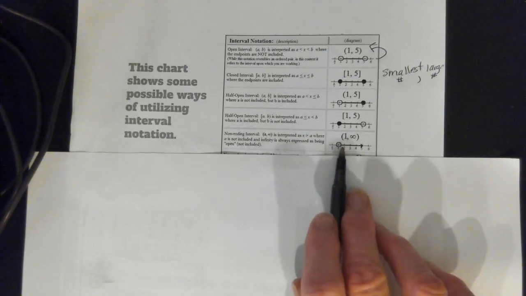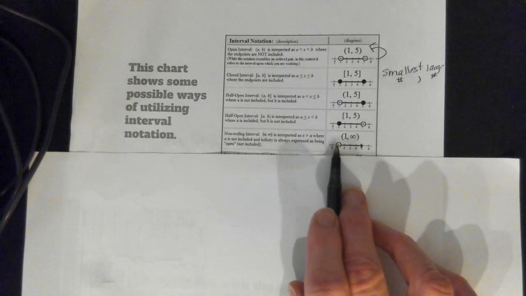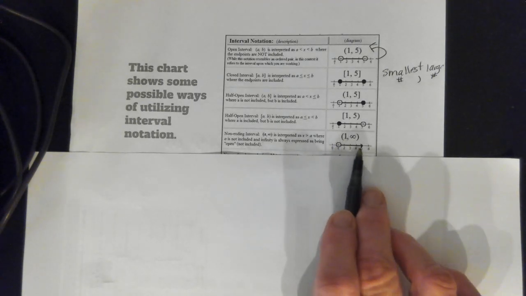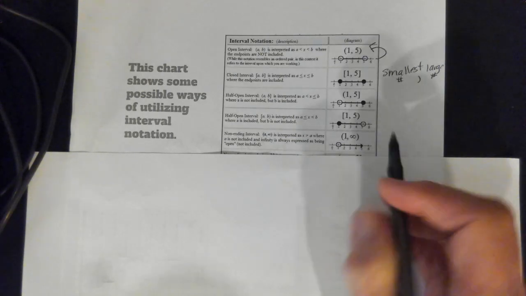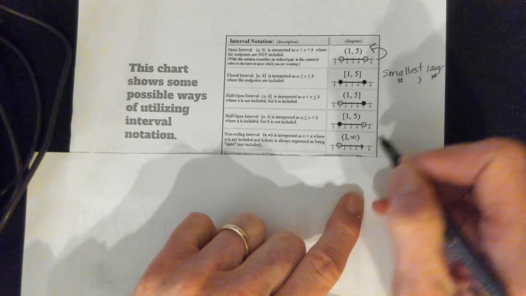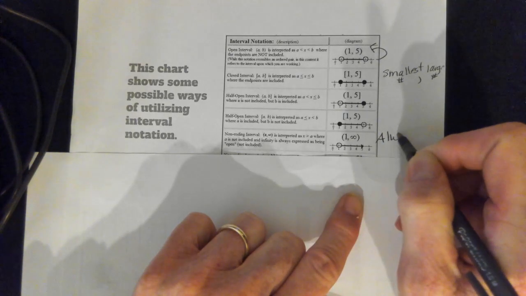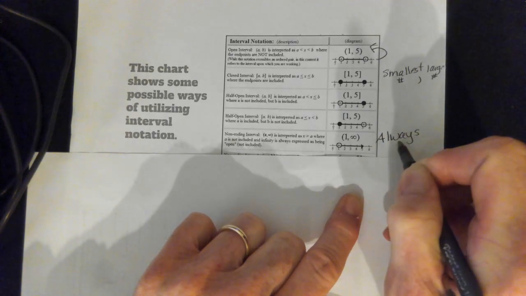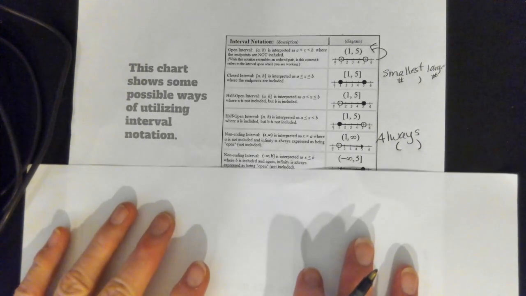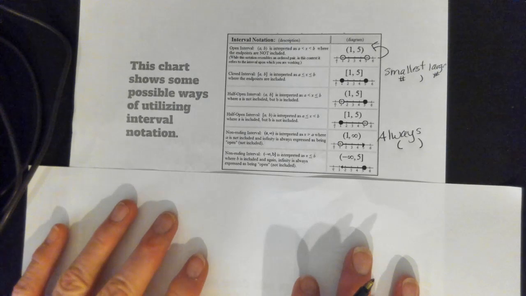Now here we introduce arrows. When you have an arrow, again, you start with the smallest number, which is 1, and it has a parentheses because it's open. And it's going to the right. When it goes to the right, it's infinity. And infinity always has a parentheses, whether we're talking about positive infinity or in our next example, negative infinity.